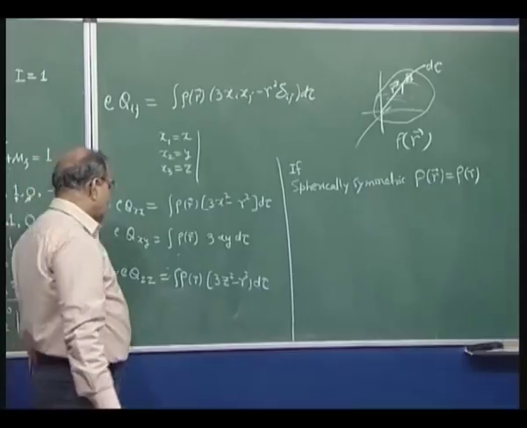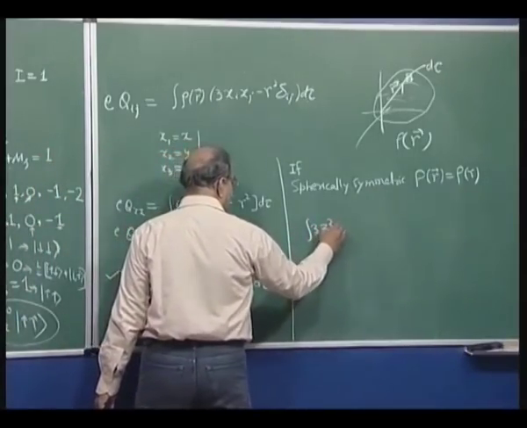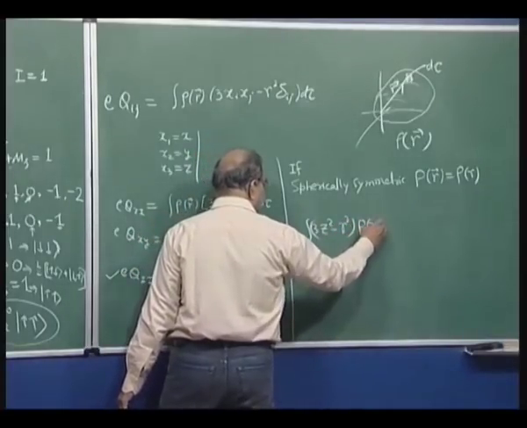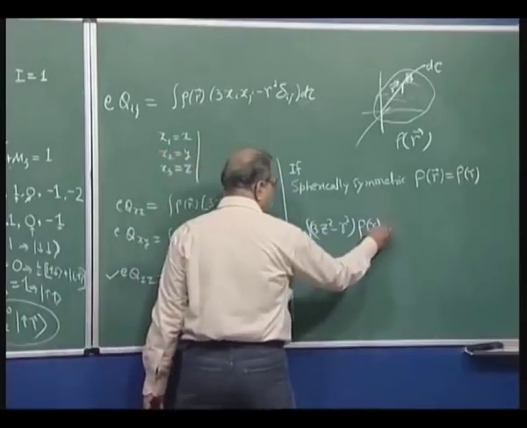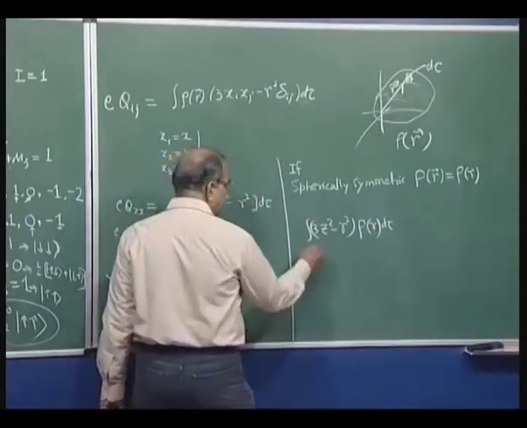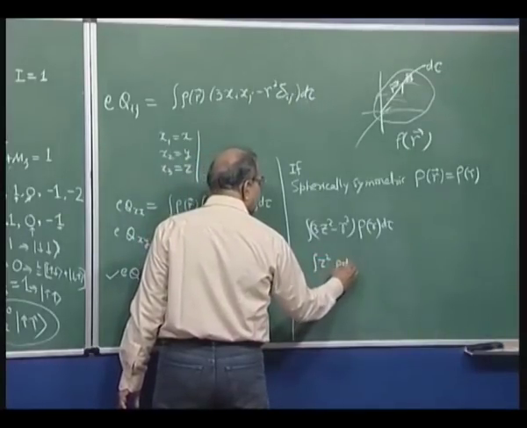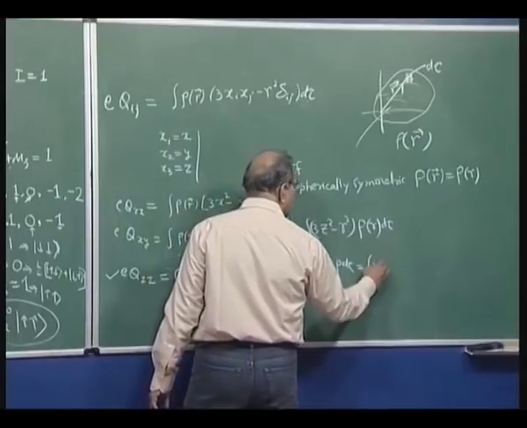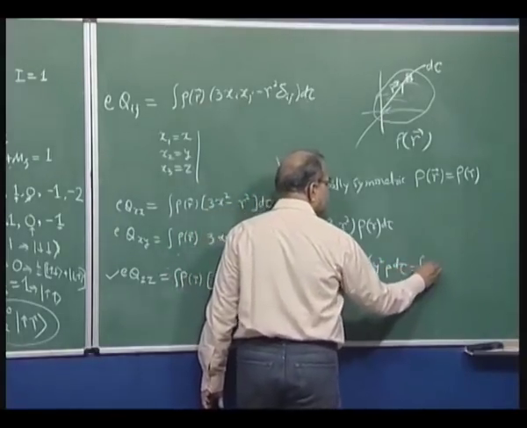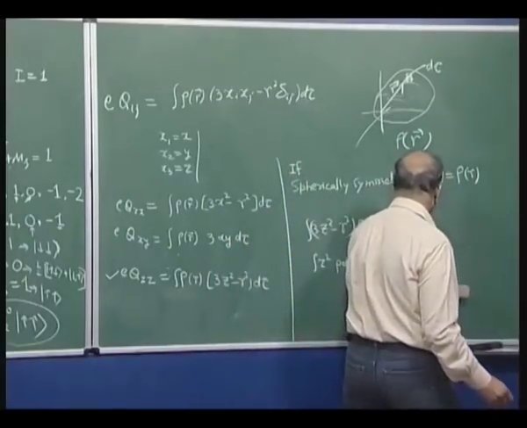For example, look at QZZ, it is the integral of 3 z square minus r square, then rho at r d tau. Okay. So, if you look at this z square rho d tau, that should be equal to y square rho d tau, and that should be equal to x square rho d tau, correct?